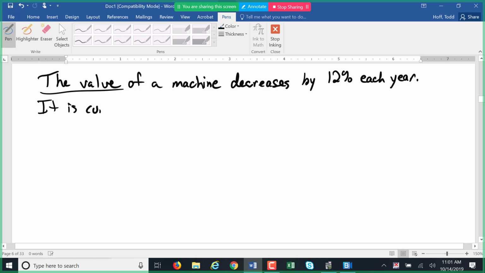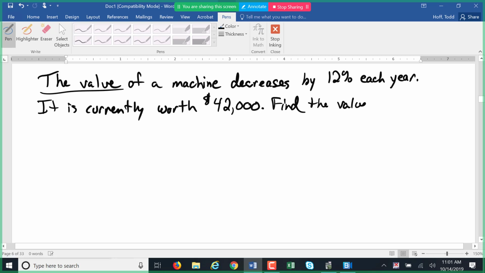It is currently worth $42,000. Find the value in 20 years.